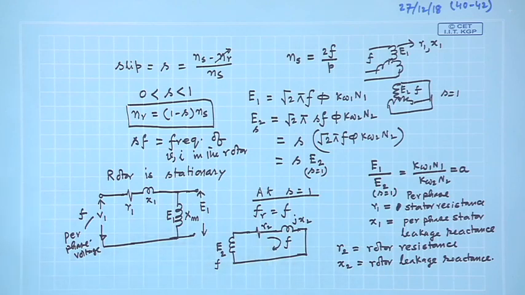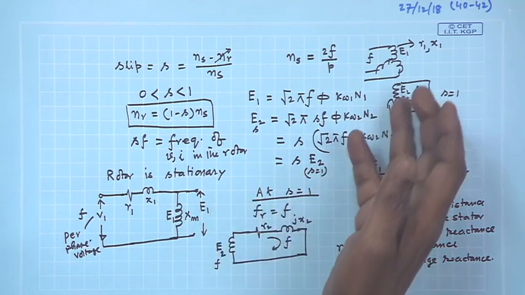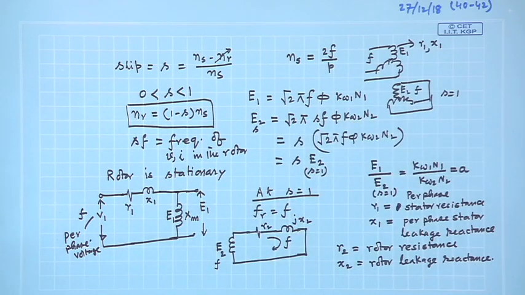But in the induction motor rotor coil the situation is different. At slip S equal to 1, the frequency in the rotor phase is f, the supply frequency.